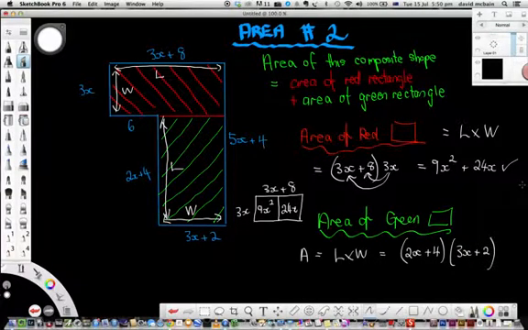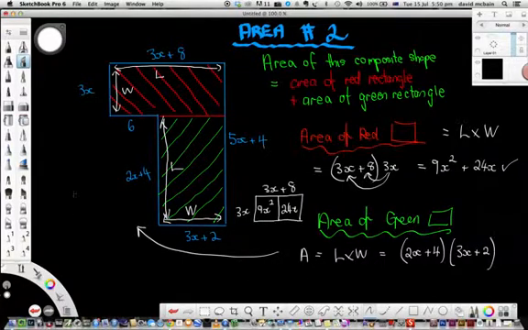Okay. Now, I want to expand that and get rid of the brackets so that I can then add these two rectangles together and collect our like terms. So over here, I'm going to use the box method.